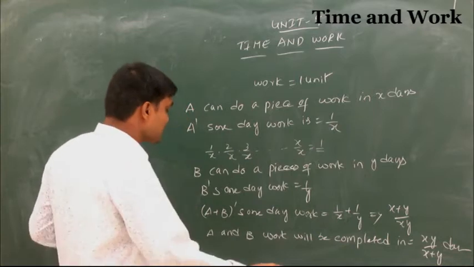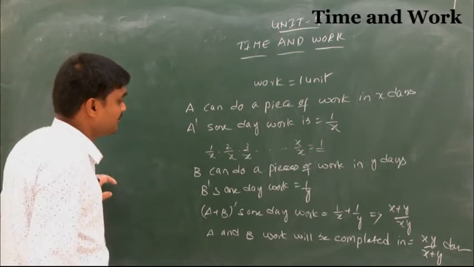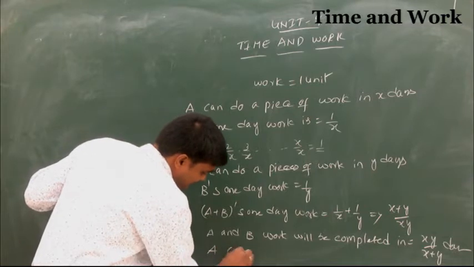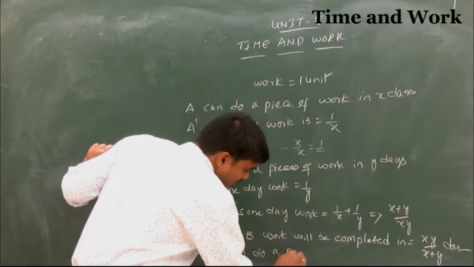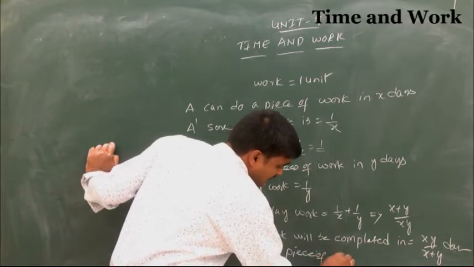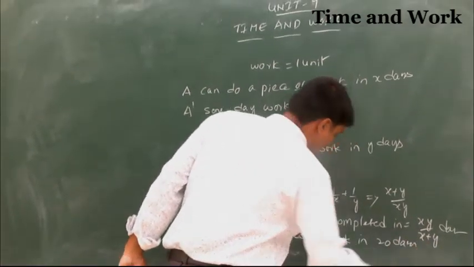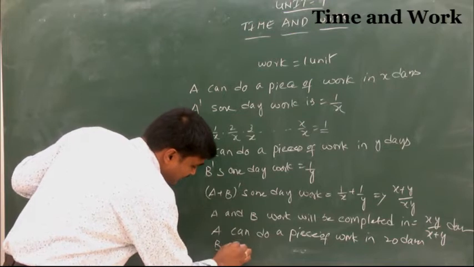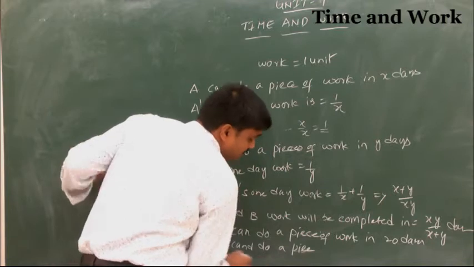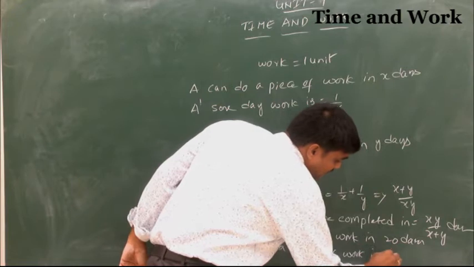So this is the procedure. Suppose he is given A can do a piece of work in 20 days. B can do a piece of work in 30 days.